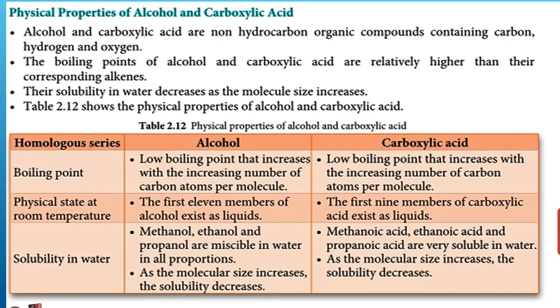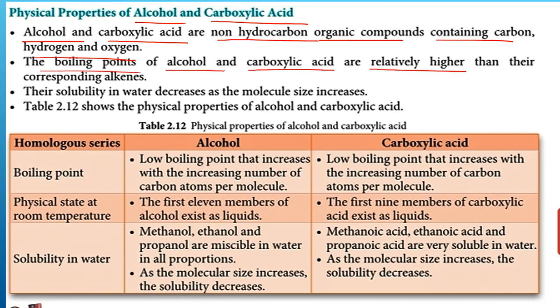Physical properties of alcohol and carboxylic acid. Alcohol and carboxylic acid are non-hydrocarbon organic compounds that contain carbon, hydrogen, and oxygen. The boiling points of alcohols and carboxylic acids are relatively higher than their corresponding alkenes. Okay?